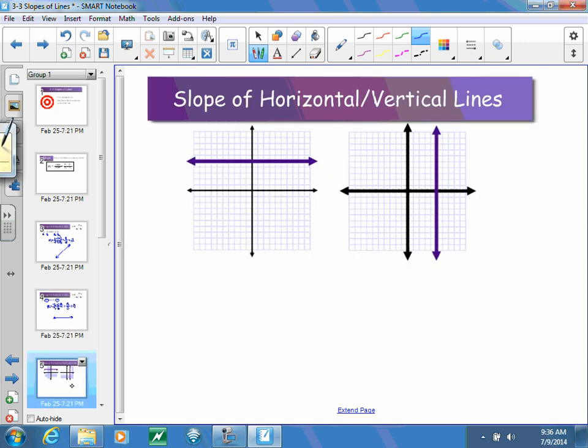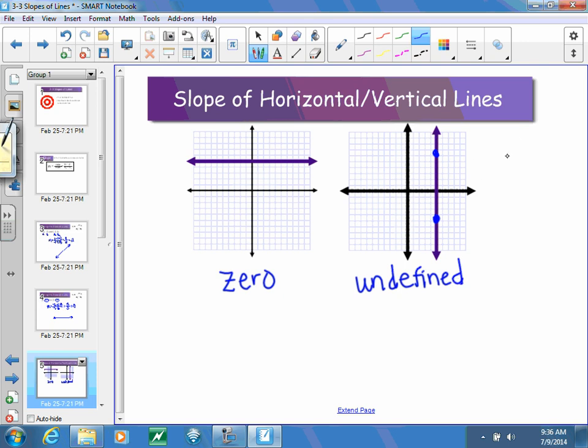So just a reminder to you that the slope of a horizontal line is 0. Meaning there is no rise, there is no run, it is a flat surface. And if you have a vertical line, you have a slope that is undefined. And the reason for this is it's rise over run.